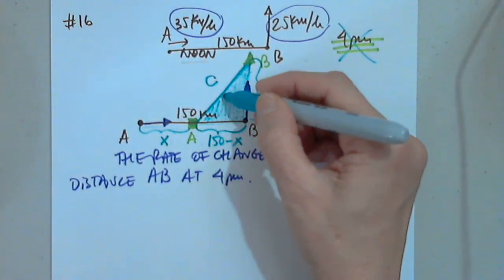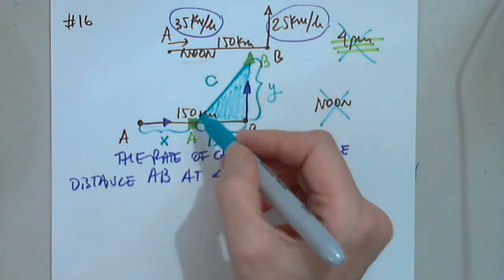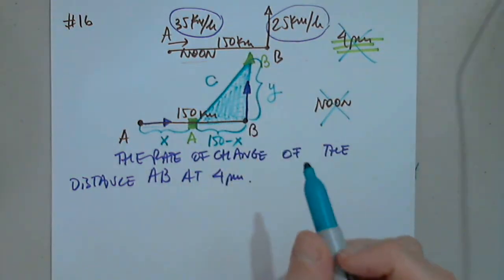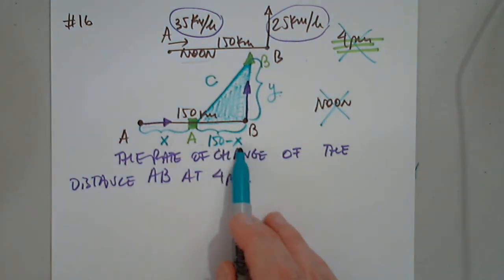Now can anyone give us a relationship between the hypotenuse, this leg, and this leg? C, y, 150 minus x.